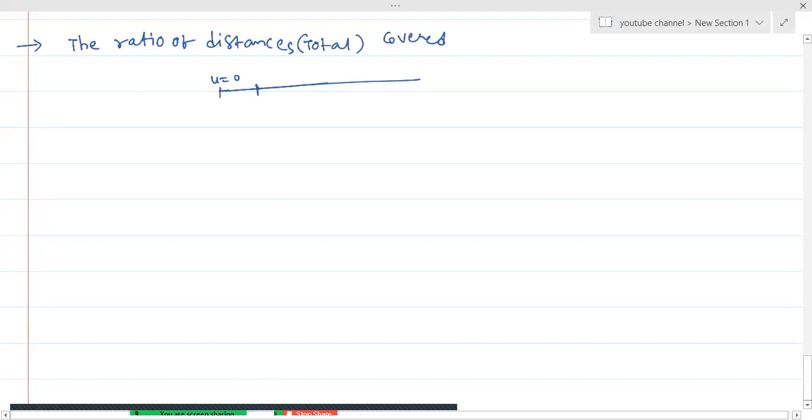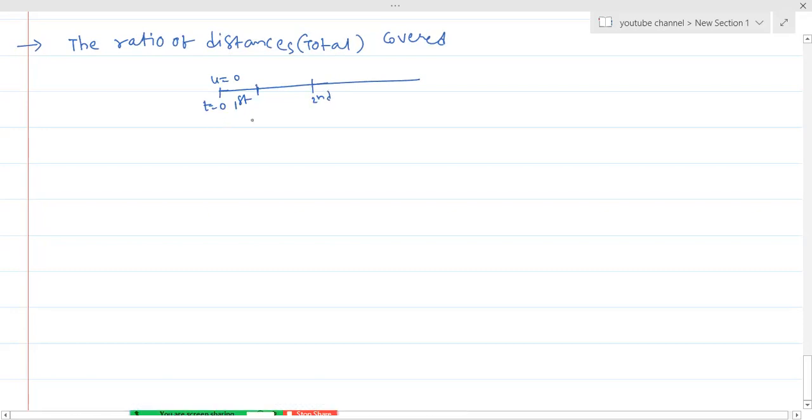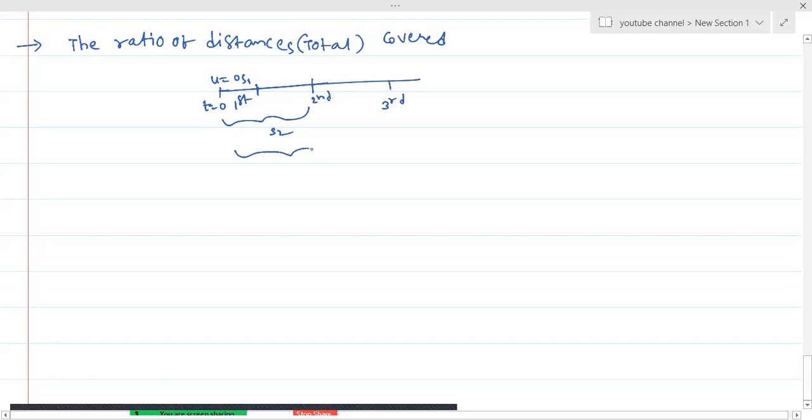So the distance covered in the first second, to the distance covered right from t equivalent to 0 to 2 seconds. So let us say this will be S2. And if we are taking the total distance covered, total distance means we need to use S. So that is S3. Total distances means always we will use S.